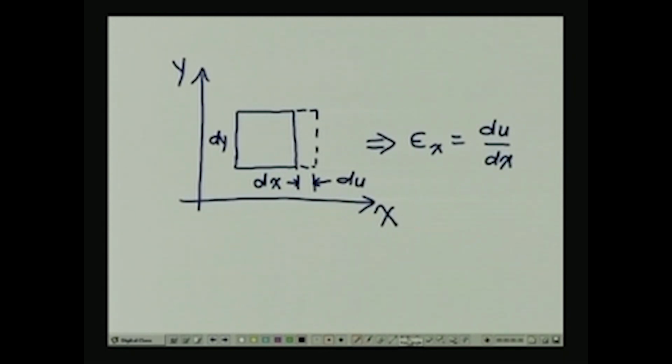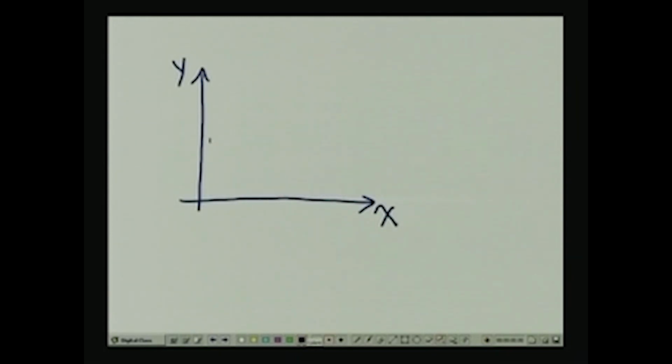Okay. Now, let us consider another deformation pattern. In this case, we have got an element like this, and the element gets deformed in this manner. So, this is the deformed shape of the element. You should notice that the volume of the element does not change in this case.